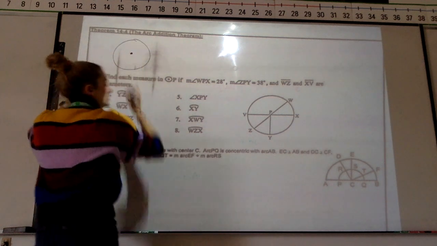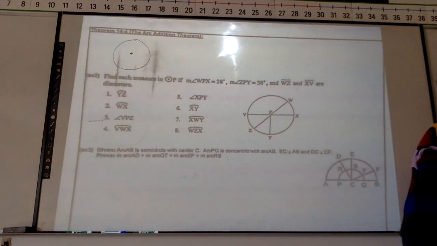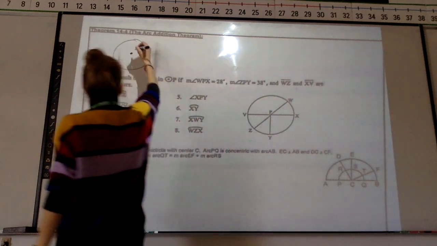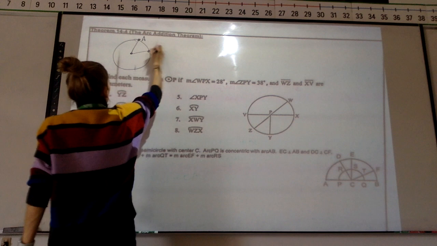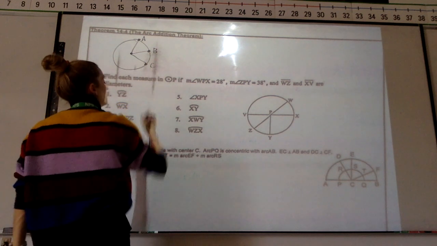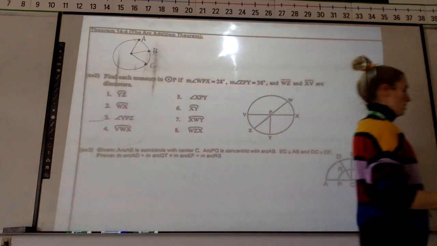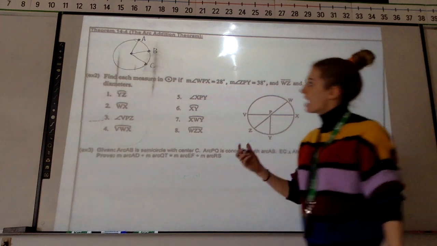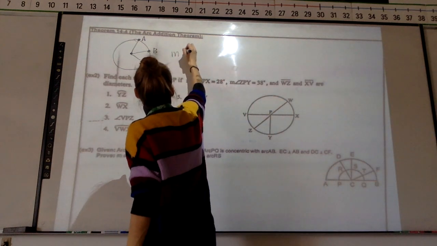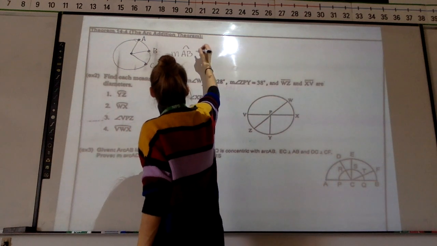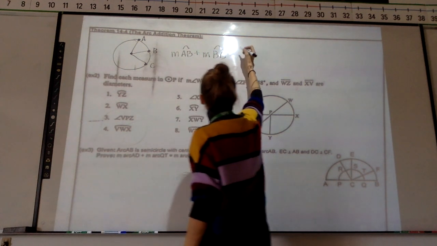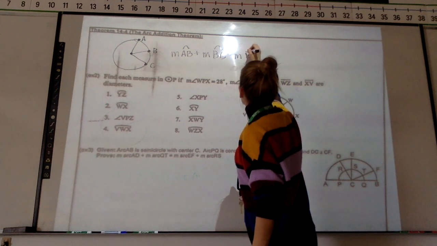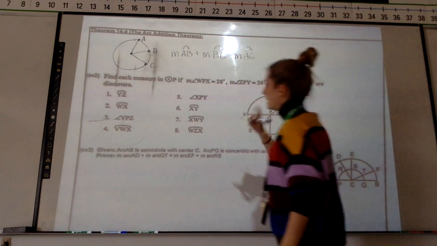So you're going to draw a circle, and in that circle you're going to draw 3 radii, one to A, one to B, and one to C. The arc addition theorem says that the measure of arc AB plus the measure of arc BC is equal to the measure of arc AC.